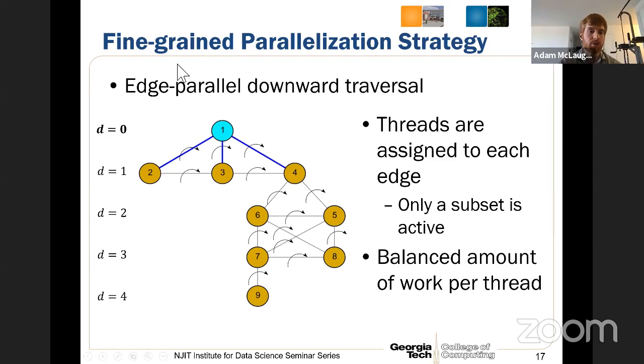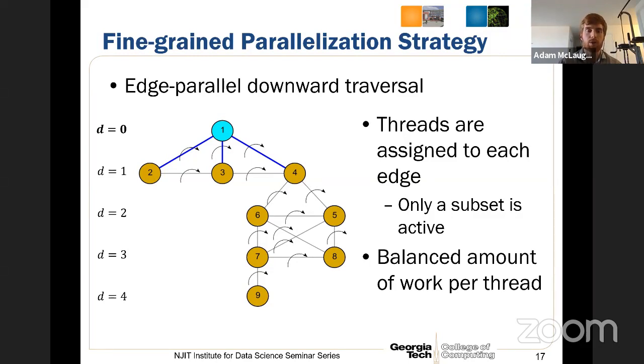So the authors of the same paper also came up with an edge parallel method. In this case, instead of assigning a thread to every vertex, you're now going to assign a thread to every edge. So this has the advantage that even for a scale-free graph, where you have one vertex that has lots of neighbors and another vertex that doesn't have a lot of neighbors, you're assigning threads to edges now, so you don't care about that.